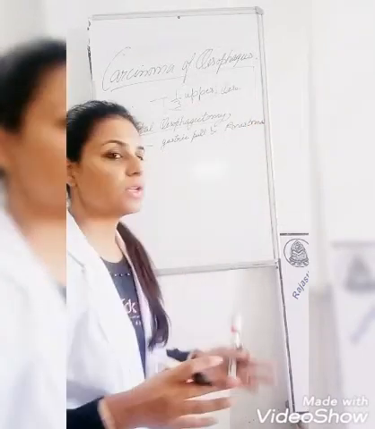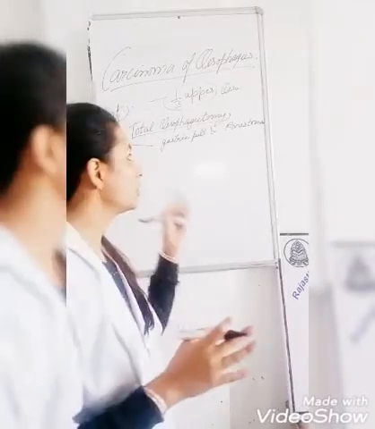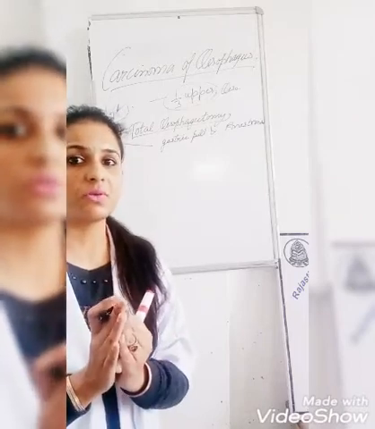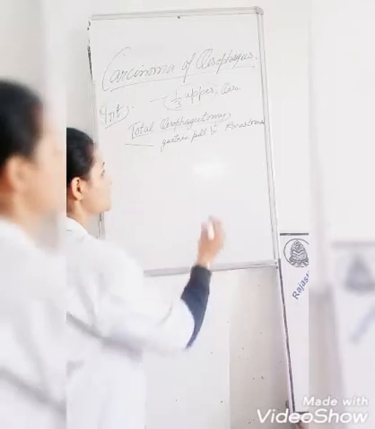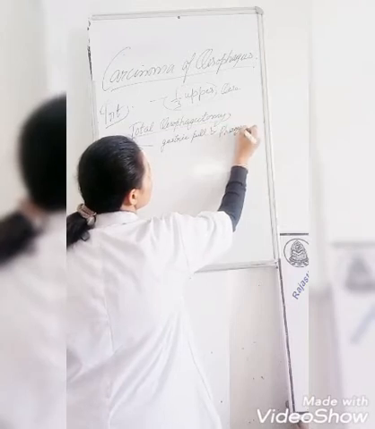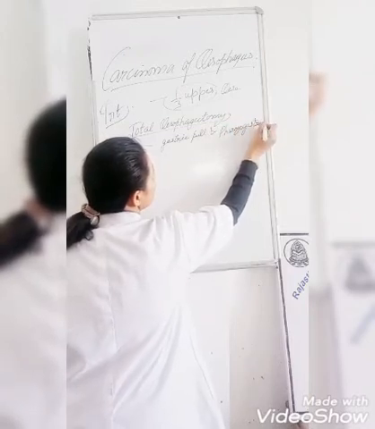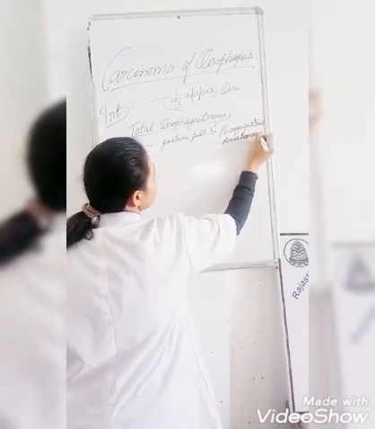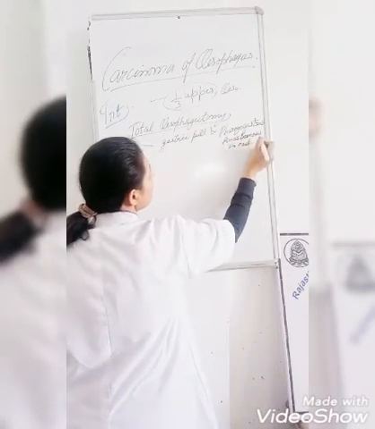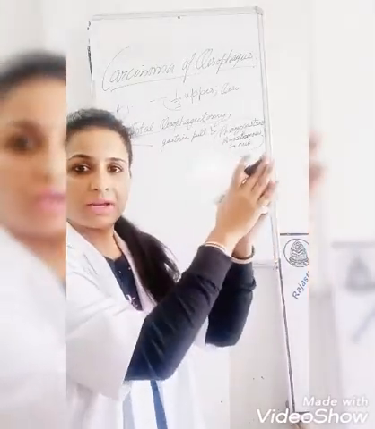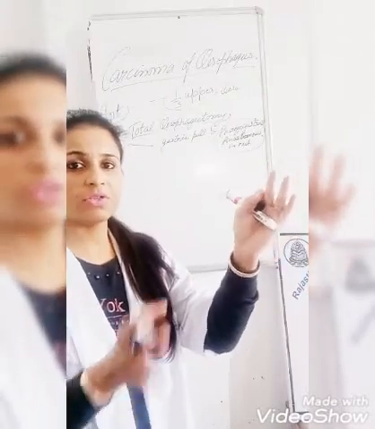So if there is cancer of upper one-third of esophagus, total esophagectomy is done, followed by gastric pull and pharyngogastric anastomosis. The anastomosis is done in the neck. As esophagus will be removed, we will anastomose the pharynx and stomach.